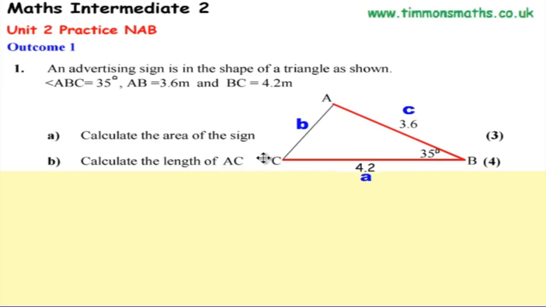Part B, we're asked to calculate the length of the side AC or small b. Now this is a classic situation for the cosine rule. Two sides plus the included angle.